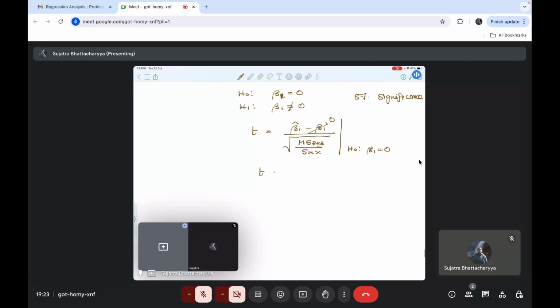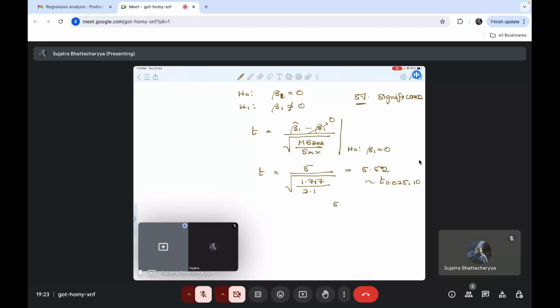So if beta 1 equals 0, just remove this as 0. Now the test statistic becomes 5, because beta 1 hat we have calculated to be 5, divided by root of 1.717 divided by 2.1. All these things are calculated. This gives you 5.52, which is to be compared with t of 0.025, 10, because the t statistic has a two-tailed distribution: 5% means 0.05 divided by 2, 0.025, comma 10.